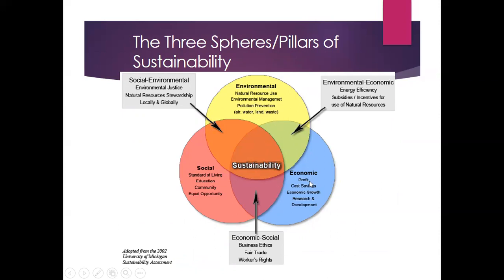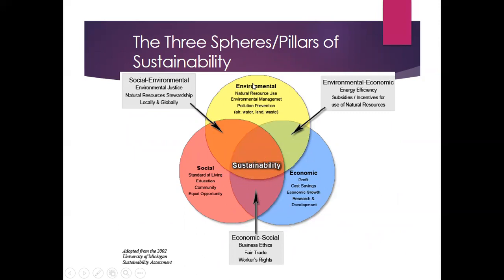Each one of them can exist on their own, but in reality, we know that everything is interrelated. So where we have an intersection of all 3 spheres in terms of activities and focus, this is where we can achieve sustainability.